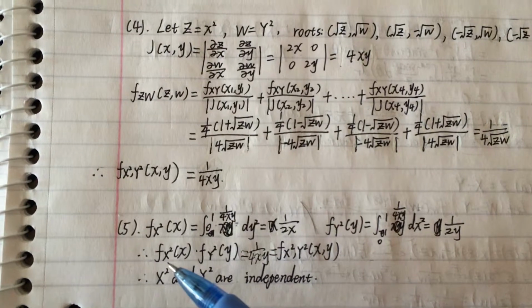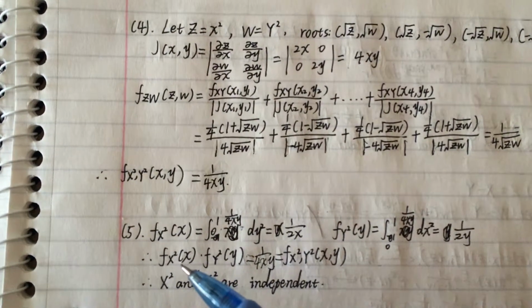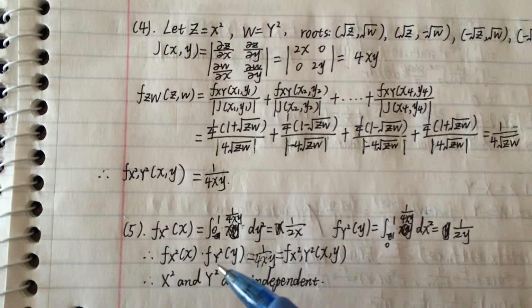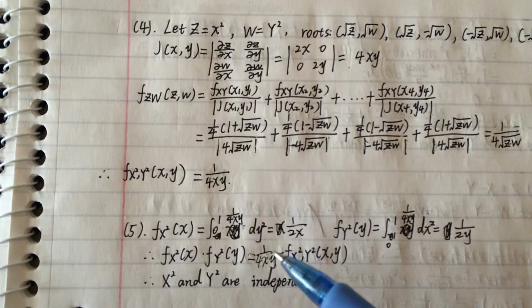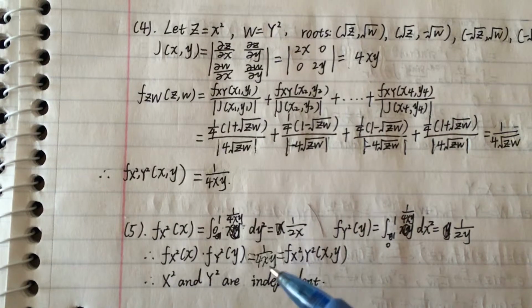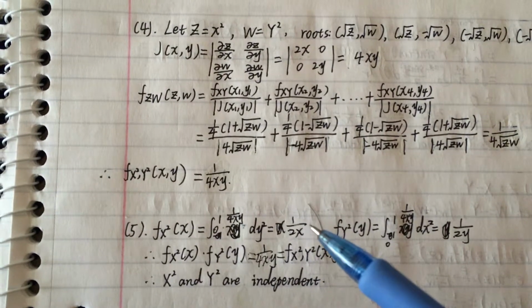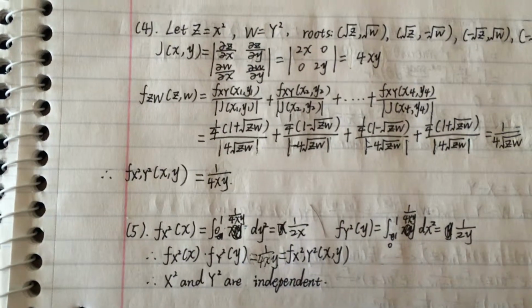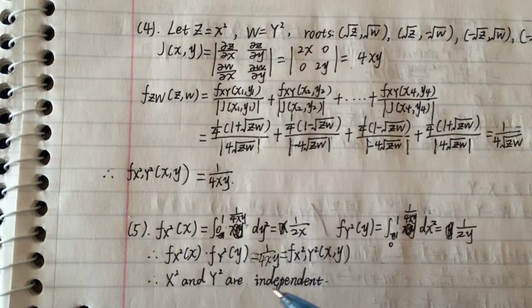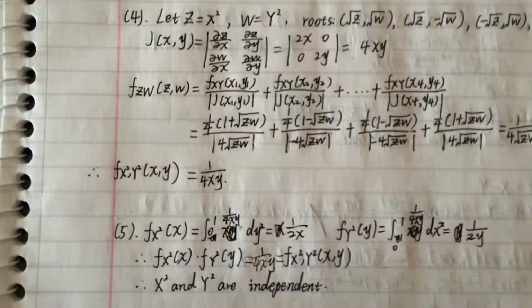The density function of x squared times the density function of y squared equals 1 over 4 times x times y, which equals the joint density function. So x squared and y squared are independent. That's all. Thank you.